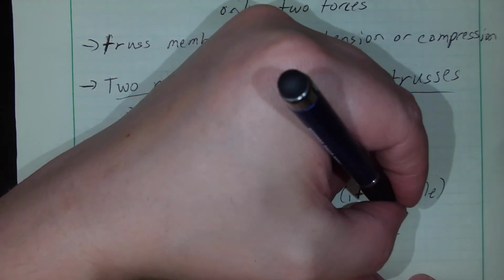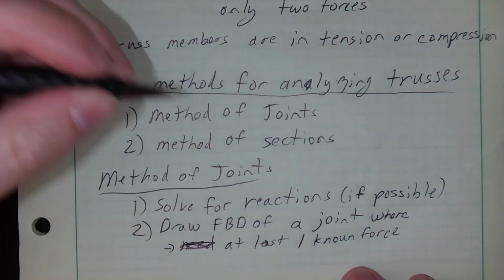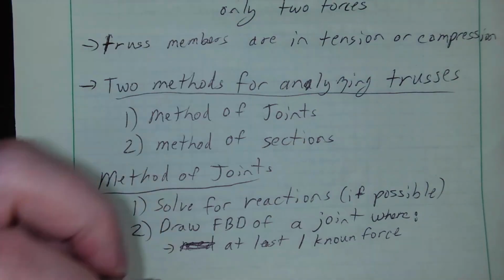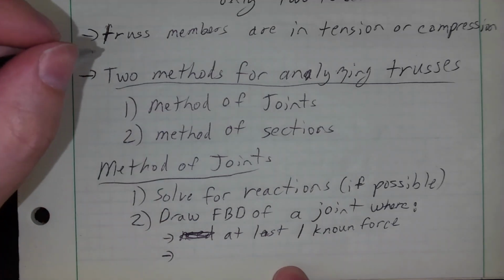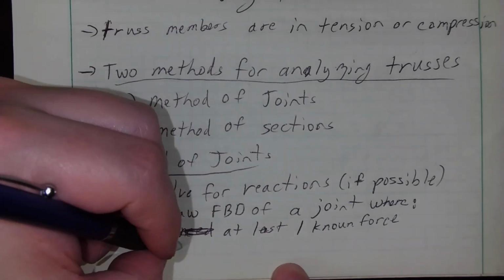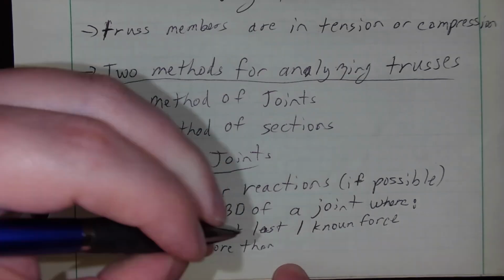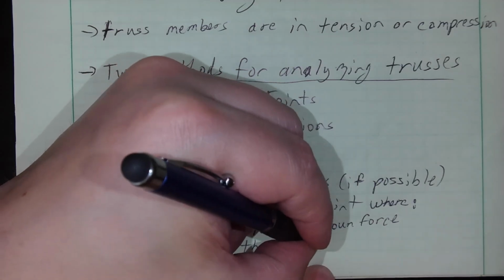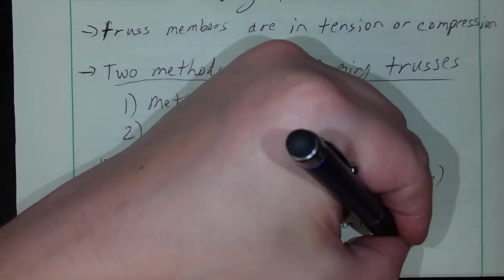So draw a free body diagram of a joint where you have at least one known force, and no more than two unknown forces.